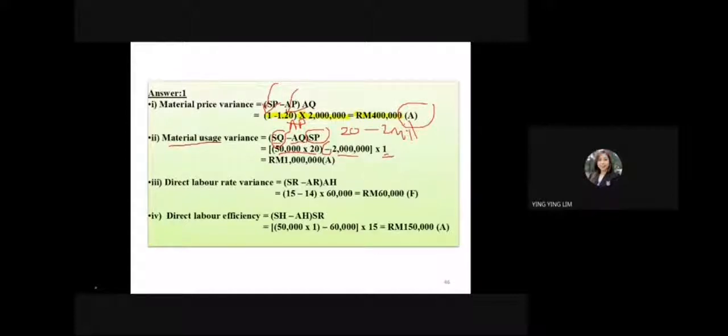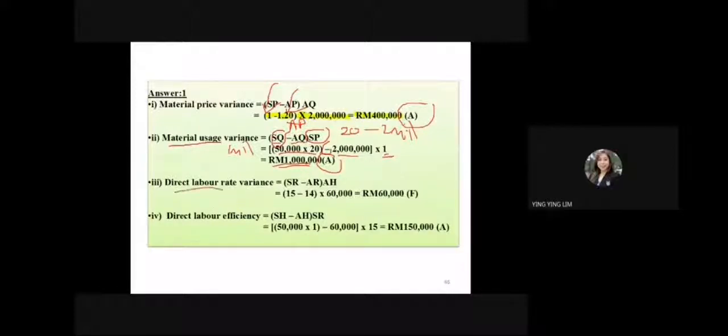So 50 times 20 is 1 million. So your standard here is 1 million. Alright, so you expect you're going to use 1 million kilo, but in actual you use 2 million kilo. So your variance here is RM 1 million. So is it adverse or favorable? Definitely adverse. In actual, you use more kilos than what you have expected.